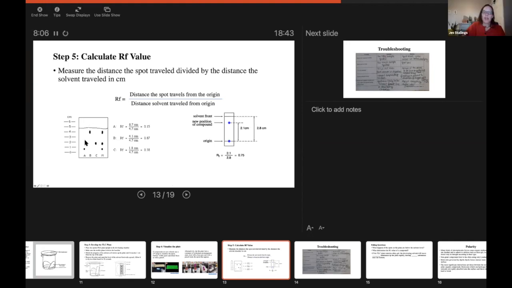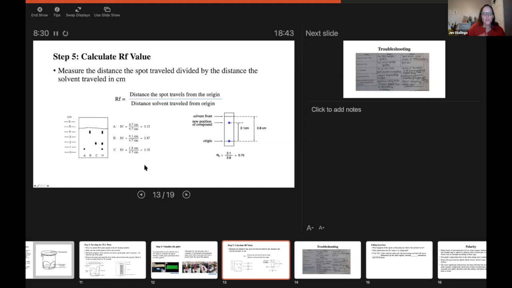So B is traveling up, up, up. It's going with our nonpolar hexane because it's attracted to it. So we would guess that B is going to be our least polar or nonpolar. So they're used interchangeably. So the least polar, aka the nonpolar, is B.